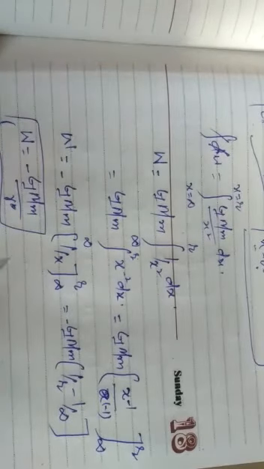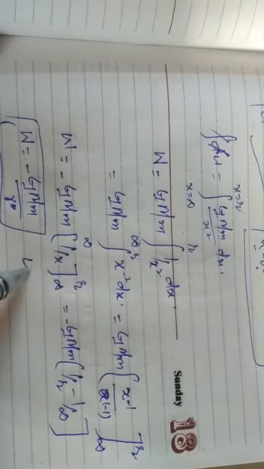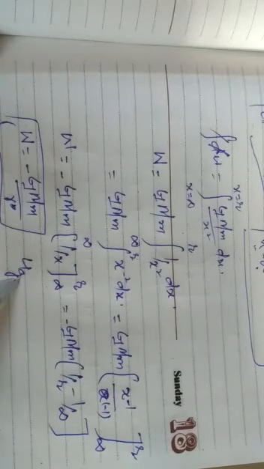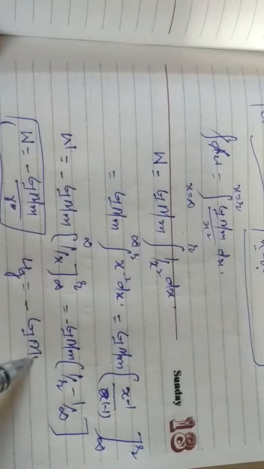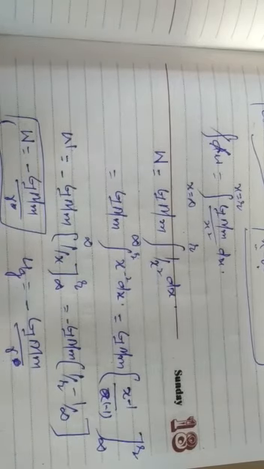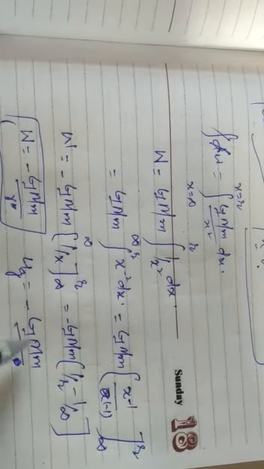So this work done is equal to the gravitational potential energy. We can write U_G, gravitational potential energy, equals minus G M m by r.